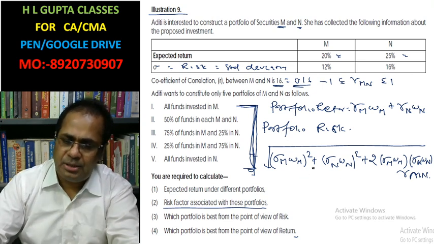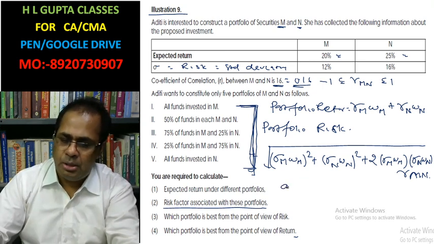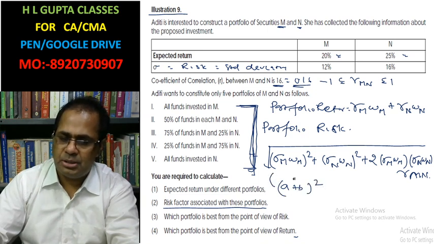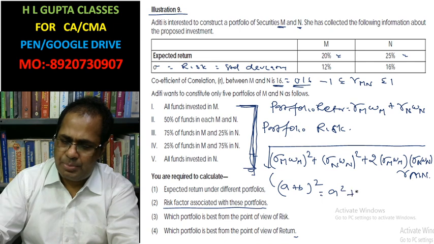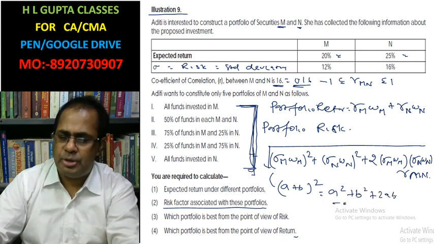For remembering, keep in your mind A plus B whole square, this formula is based on it, like a square plus b square plus 2ab.